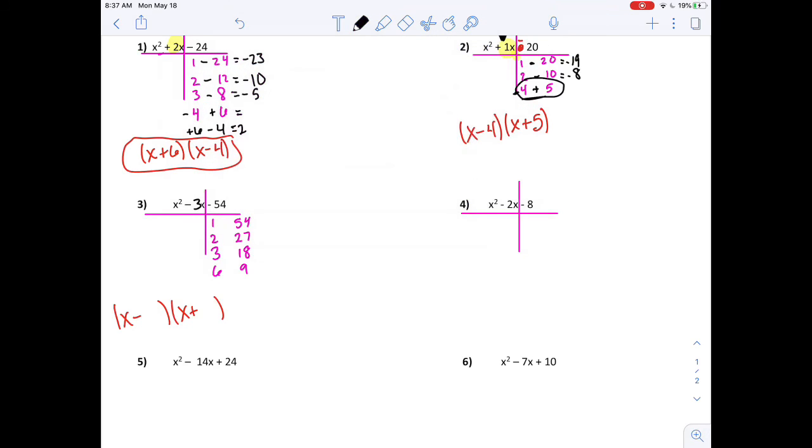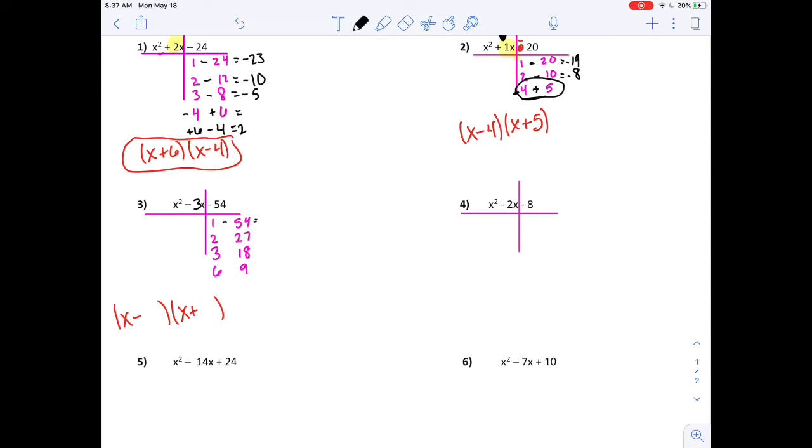Now, because this last term is negative, I know I have opposite signs in my parentheses, which is why I've already got those written out as opposite signs. And I'm going to look for which 2 numbers are 3 apart.